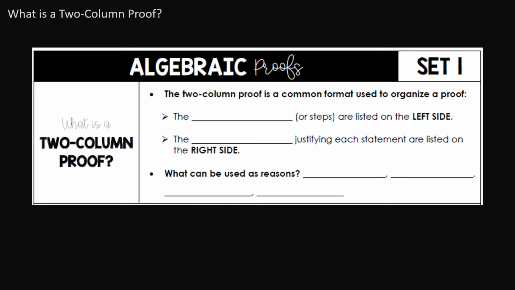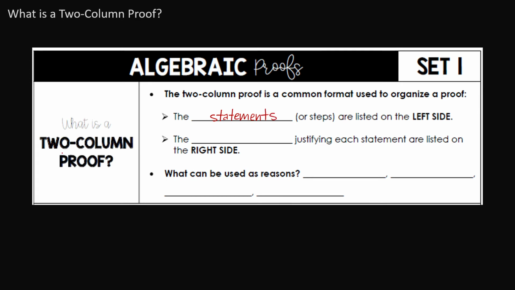So a proof is just a way to organize a problem logically to come up with one solution. The two-column proof is a common format used to organize a proof. We are given a statement, we're asked to prove something. So, the statements or steps of a proof are listed on the left side.